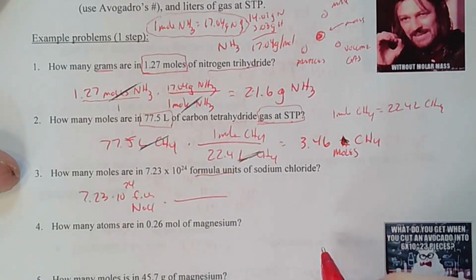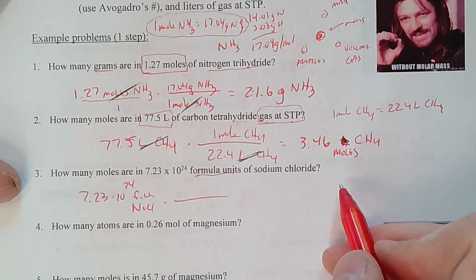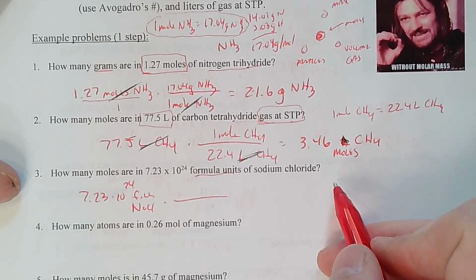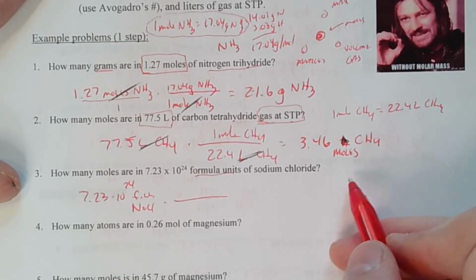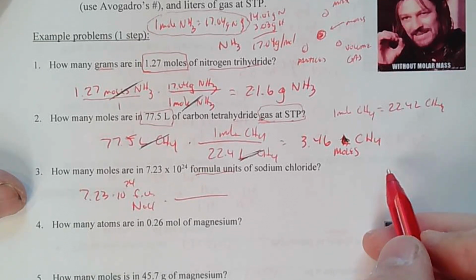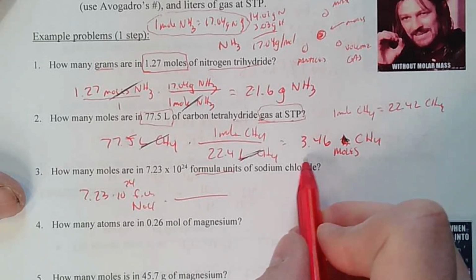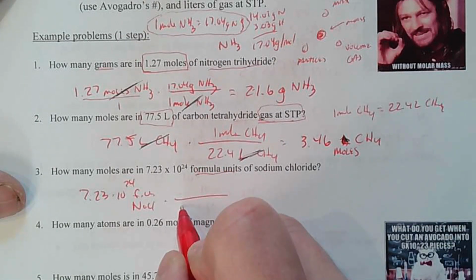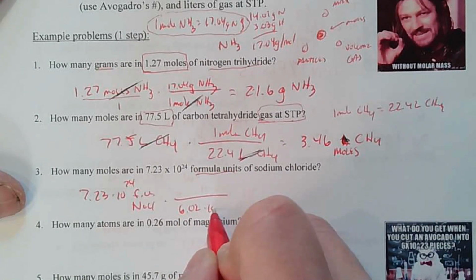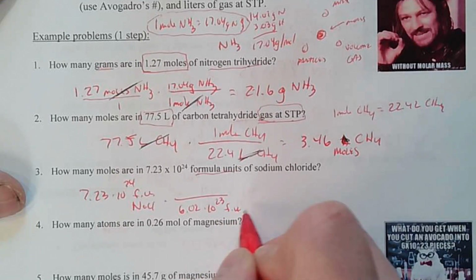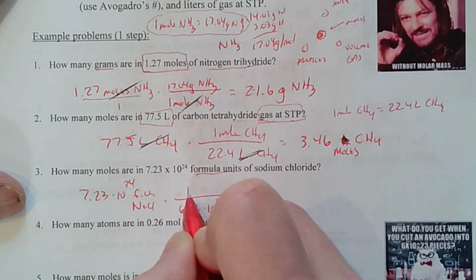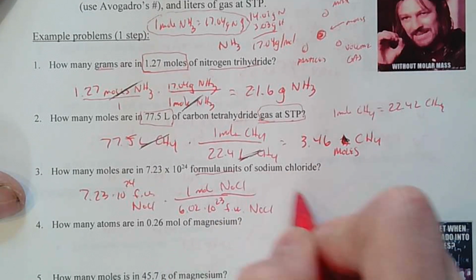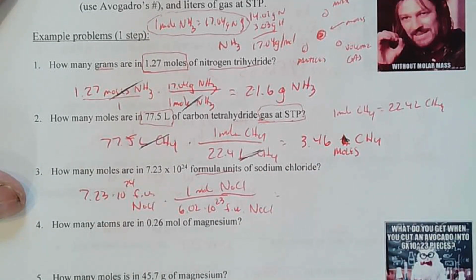Avogadro's number is 1 mole of any substance equal to 6.02 times 10 to the 23rd particles of that substance. Since we're talking about an ionic compound here, the represented particles are formula units. So the 6.02 times 10 to the 23rd formula units goes down here, the 1 mole goes up there.